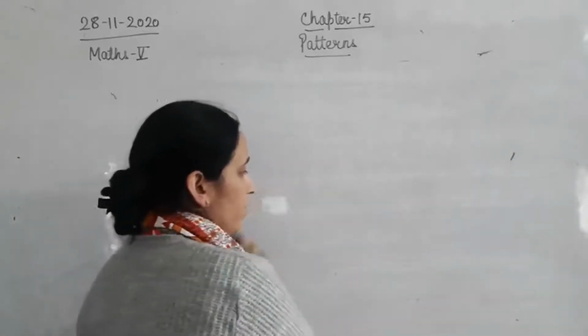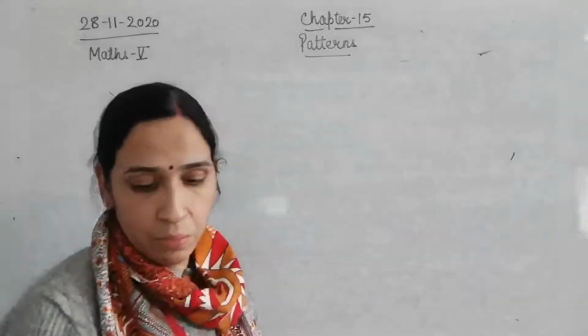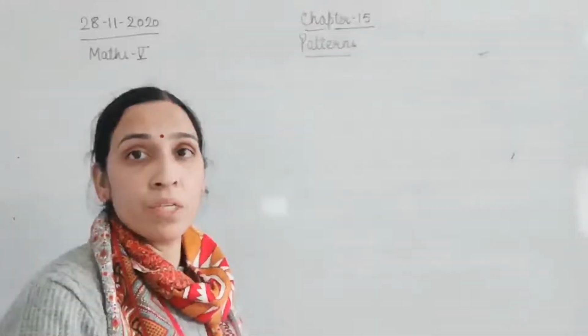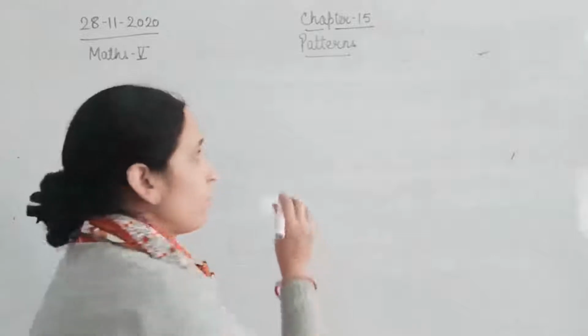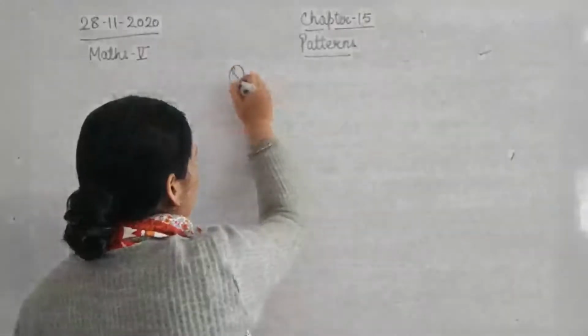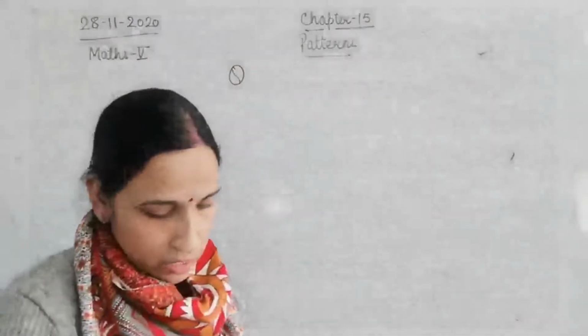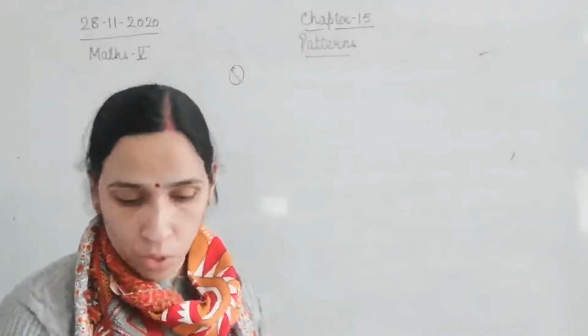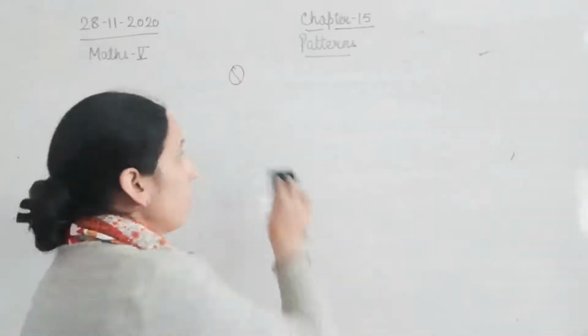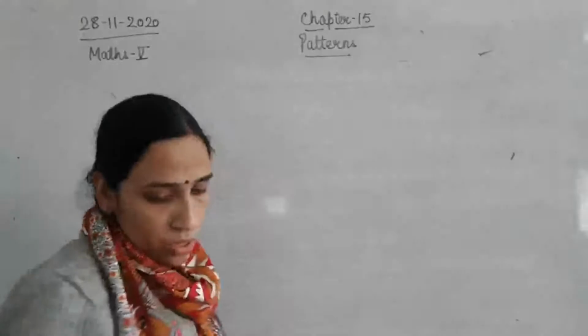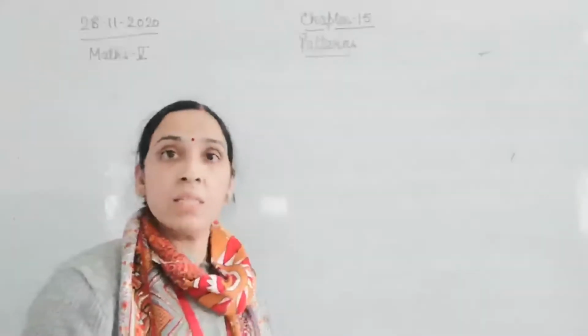Example 3 is very important: write the fifth triangular number. Many times it is asked to write the fifth triangular number, or sometimes the 10th triangular number, or the 15th triangular number.